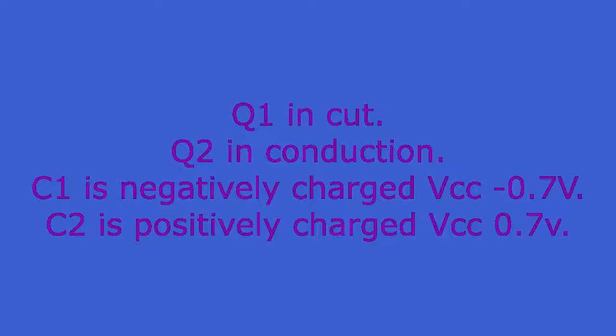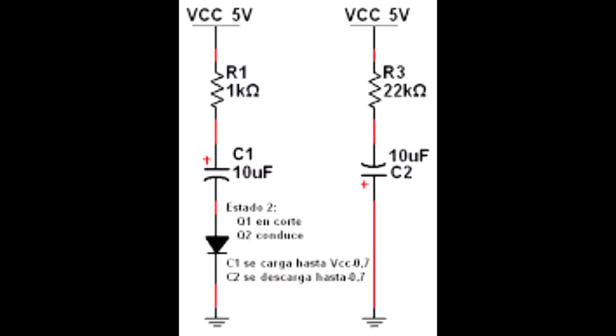In the same way that the previous state eliminated Q1 from the circuit, we are going to substitute Q2 for a diode and a bridge. So C1 will go from minus 0.7 volts to VCC minus 0.7 volts quickly as R1 is small.